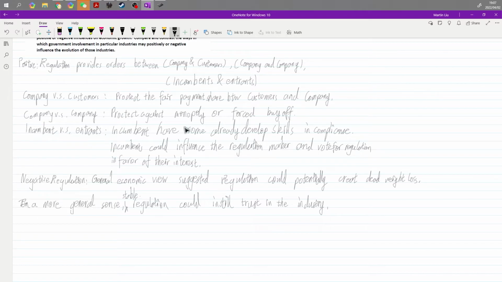So regulation is a way the government tries to instill trust in the real estate industry.